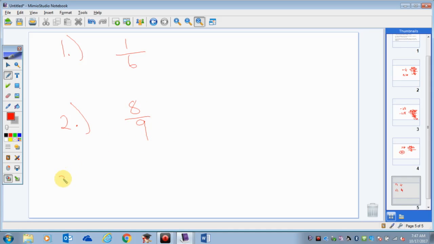And then three is going to be negative 3 and 3/4. At this time, pause the video, work out these three problems, and when you unpause the video, I will work them out, and you will see whether or not you got them right. Pause the video now.